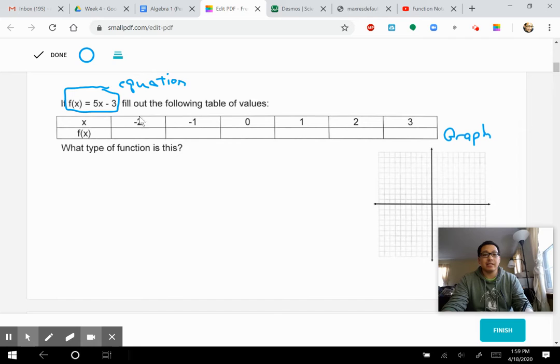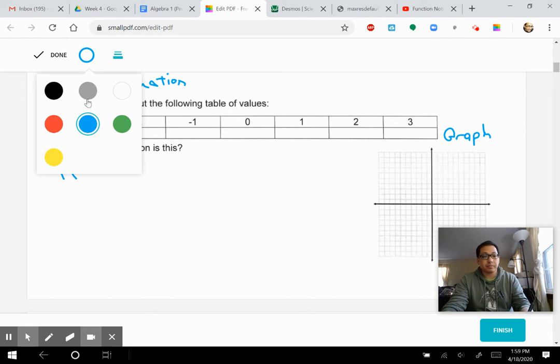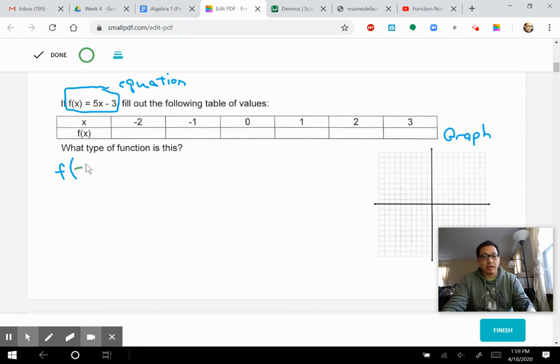Well, when x is -2, we can ask what is f of x? In other words, what is f of -2? And I'm going to put this in a different color again because -2 here is our input, it's our x. What is f of -2? Well, just like before, we're going to plug in -2 wherever we see x in our equation.